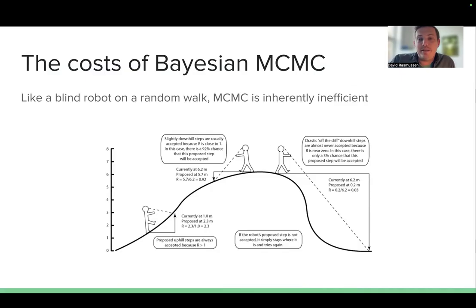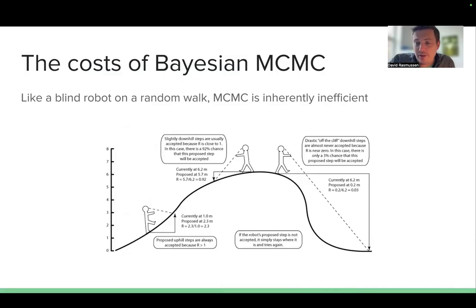And this blind robot is, of course, blind because it doesn't actually know what this landscape of trees looks like. Instead, to explore and sample from different parts of parameter or tree space, what we do is we allow the robot to take small steps in a random direction or larger steps.